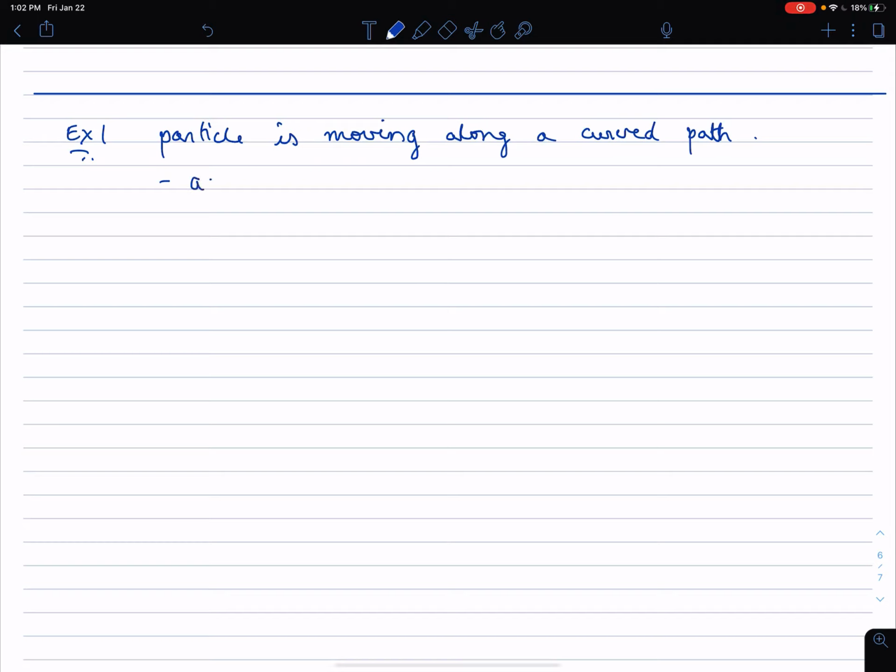Let's say it's given that the magnitude of acceleration, so basically this quantity, is given to be equal to 20 meters per second square.